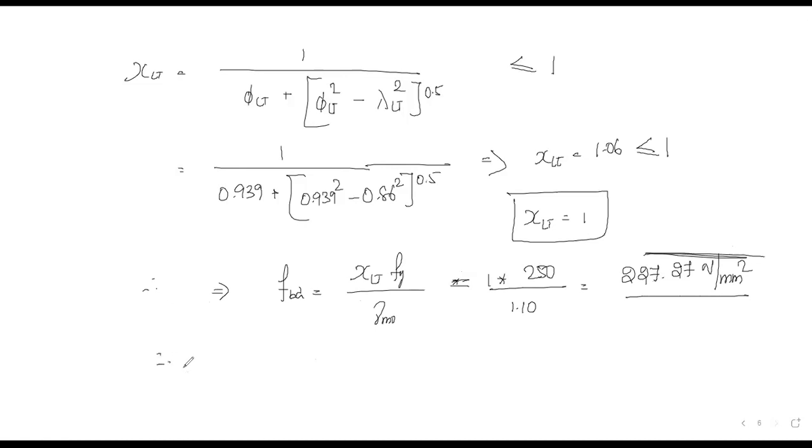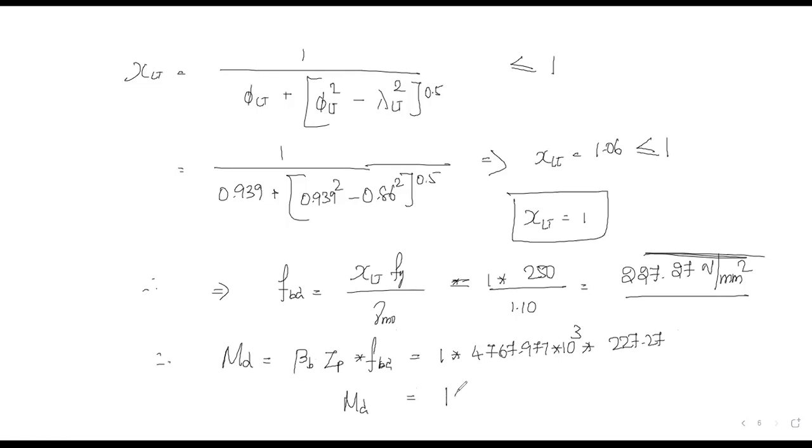Therefore, design moment MD is equal to beta B into ZP into FBD. Here I substitute beta B and the Z value as 4767.977 into 10 to the power 3, multiplied with this bending stress value, so that we get the design strength.